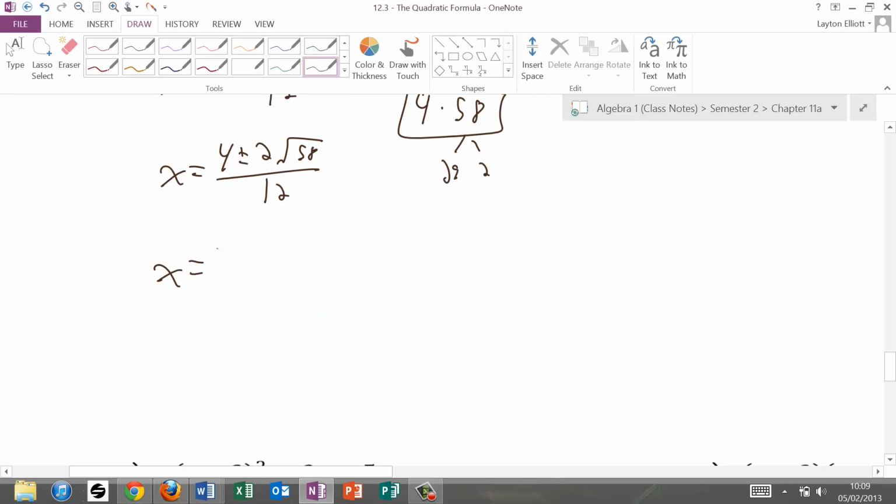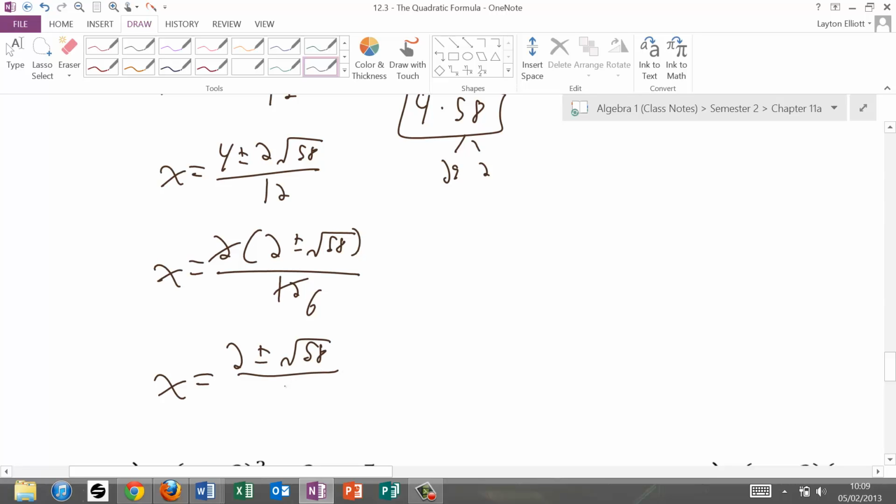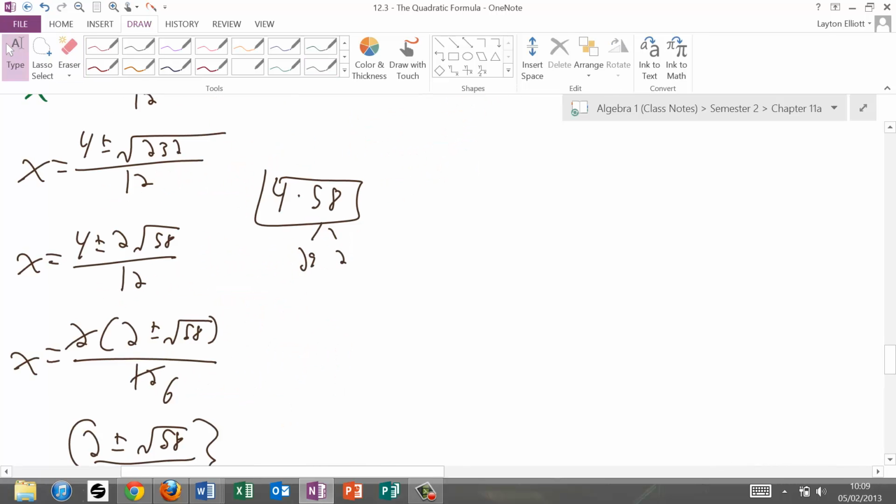Take out a greatest common factor out of the numerator, and I have 2 times 2 plus or minus radical 58 over 12, and cancel those out to get a 6. X is equal to 2 plus or minus radical 58 all over 6. Erase that, set notation, let's move on.